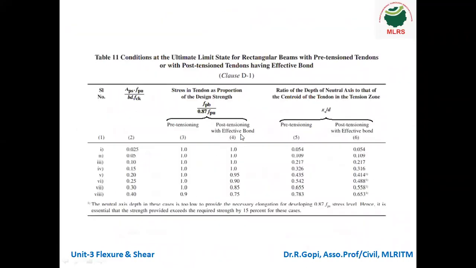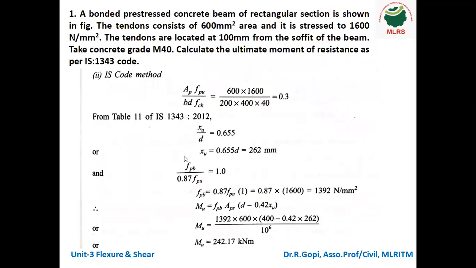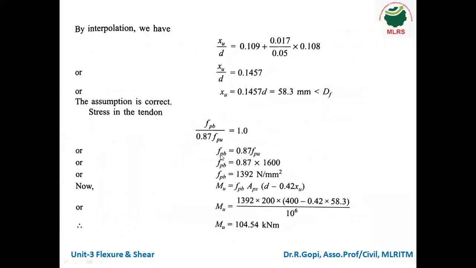You can see here in the table, 0.5 also 1, 0.1 also 1, 0.05 equal to 1, and obviously 0.067 also it is 1 only. So FPB is equal to 0.87 FPU, FPU is 1600. Therefore FPB is equal to 1392 Newton per mm square.